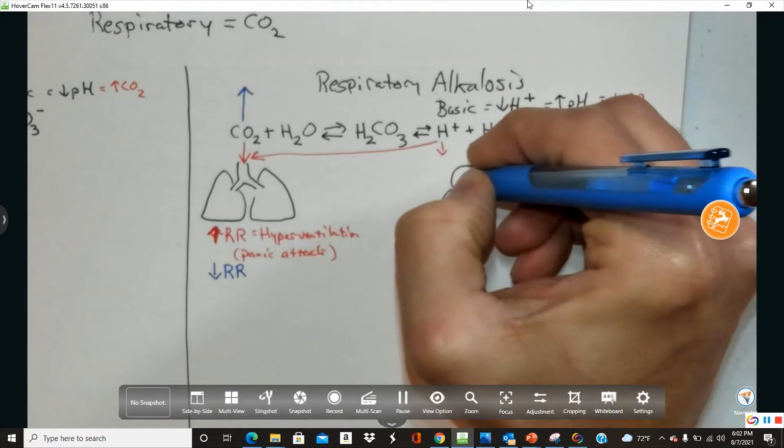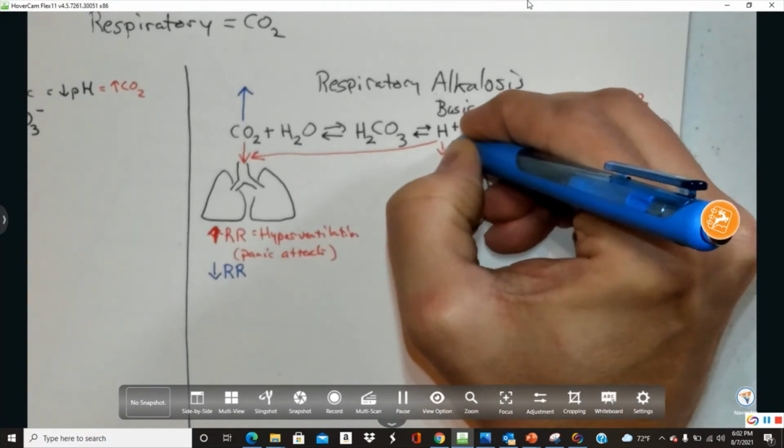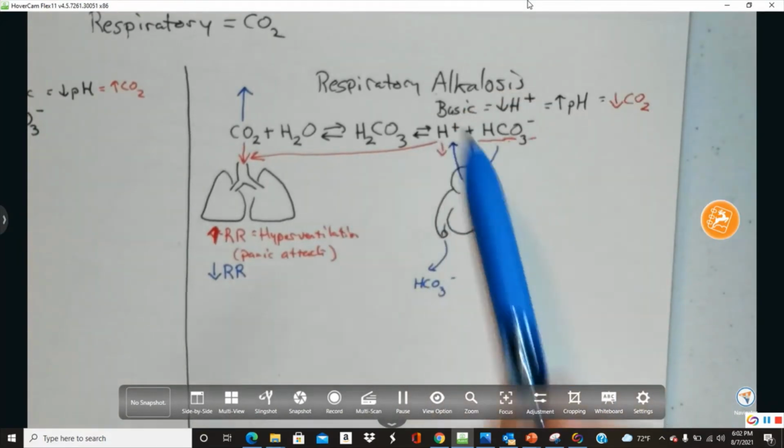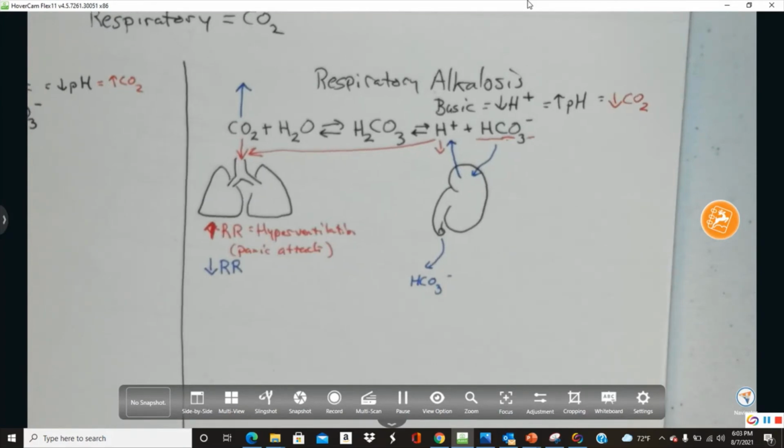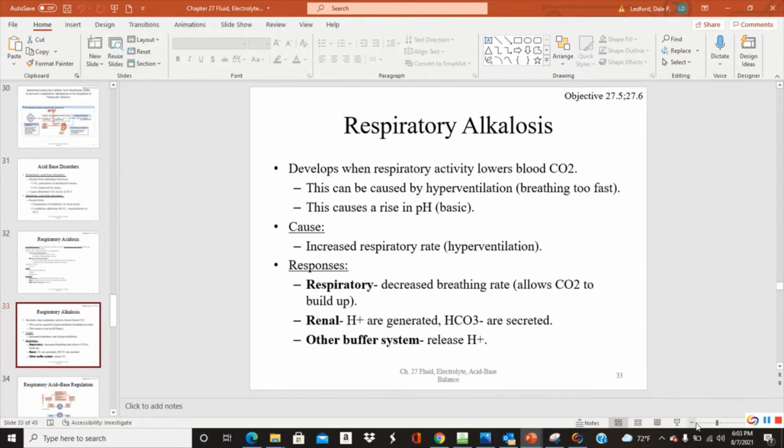And then I can go in and generate hydrogen ions at the kidneys and get those in, along with renal compensation alongside of our normal respiratory function, especially if normal respiratory functions are inadequate. Okay, so loads of things we can see there. As I said, this is what it does.